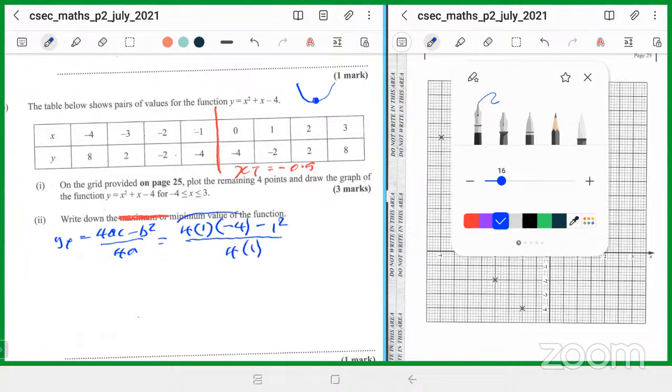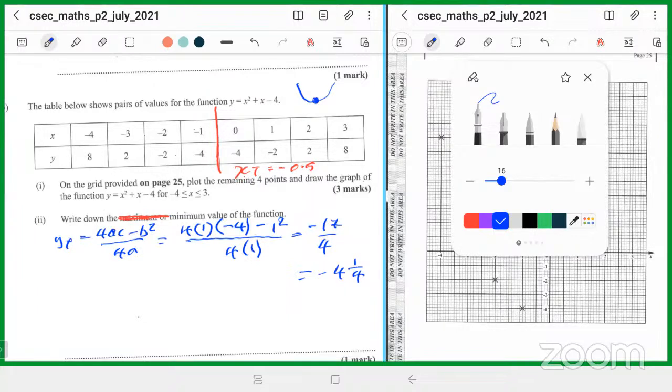Now this is -16 and -1, -17. -17 over 4. That's -4 and a quarter, or -4.25. That's what it is, the minimum value of the function, the yt value.